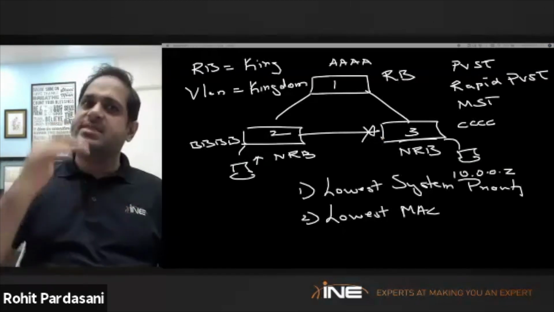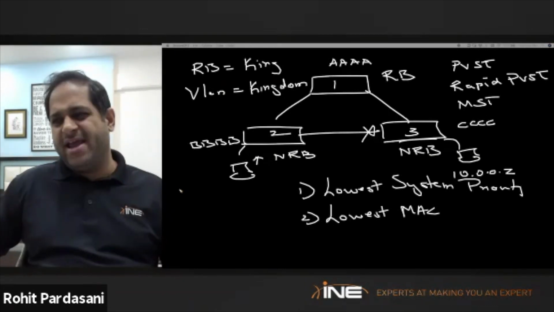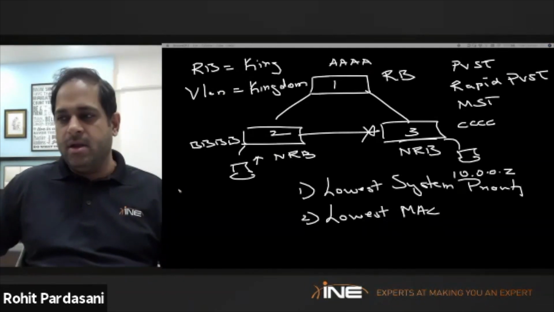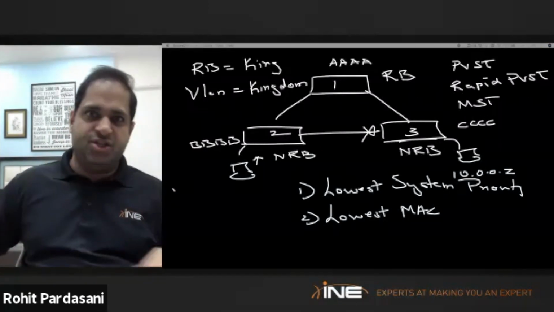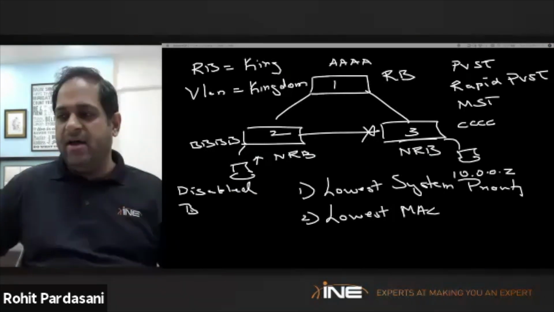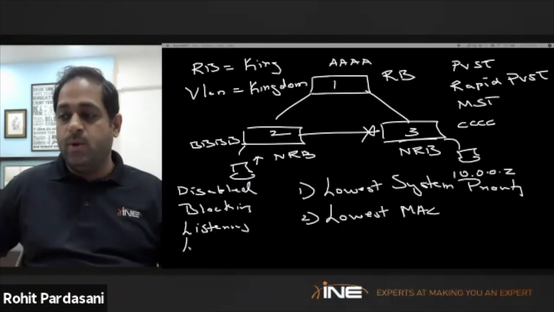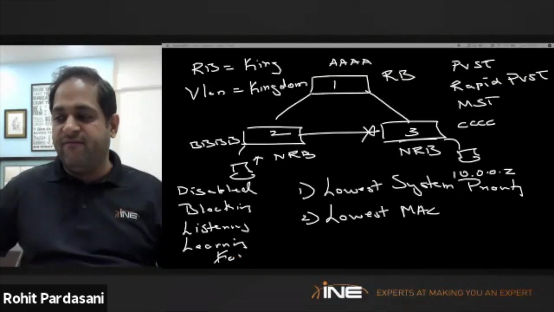So what are the states of PVST? Let's write it down here. I have disabled in PVST, which basically means it's shut down. So we have disabled, we have blocking, we have listening, we have learning, and then we have forwarding.